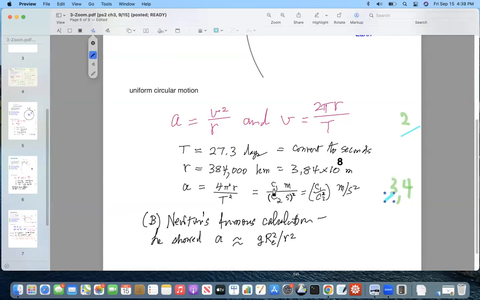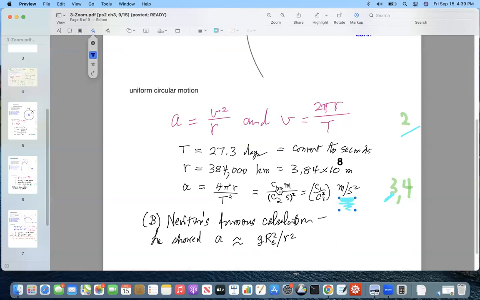And now the numerator will be some number times meters. The denominator will be some number times seconds squared. So the answer will be a number, which will be C1 over C2 squared, times a unit, which will be meter per second squared. So again, the unit is meter per second squared, the unit of acceleration.